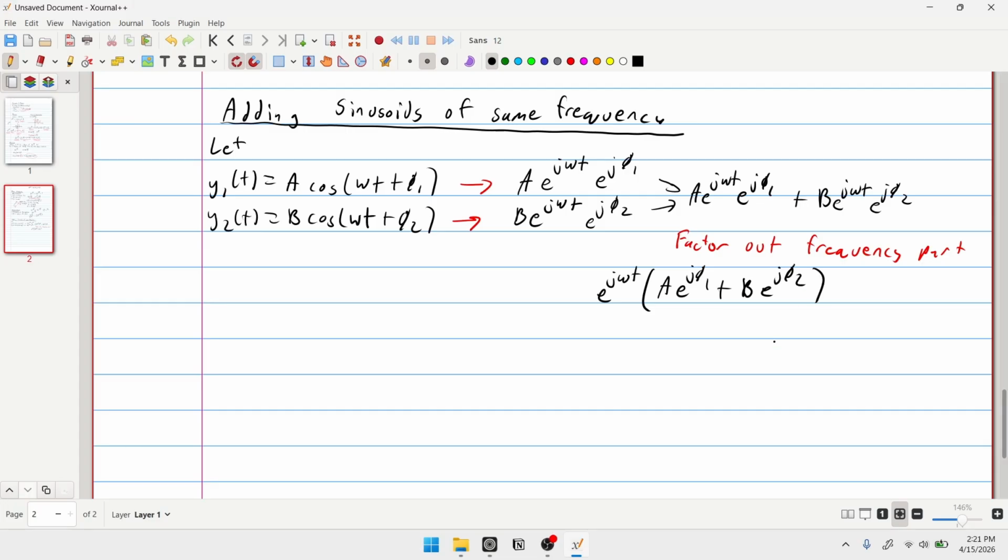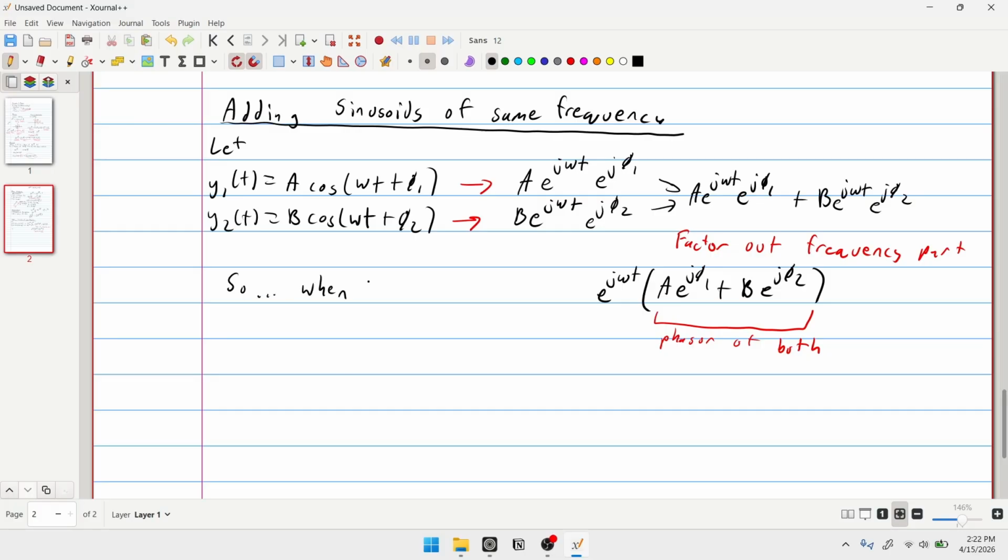And you'll notice that these are just the phasors of both. So we can just add them using our method of adding phasors.